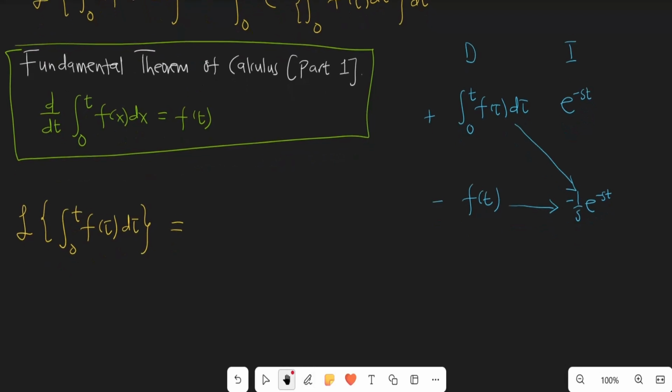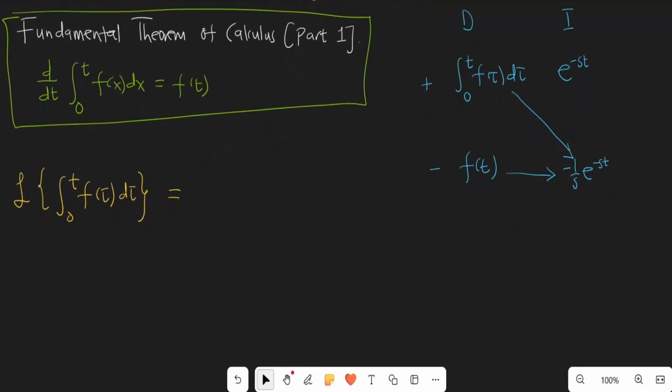Now we are going to use integration by parts, multiplying diagonal terms. That is going to be negative the integral from 0 to t of f of tau d tau, but we will have to multiply by 1 over s times e to the negative st. So we are done. Then we can put the limits of integration from 0 to infinity.